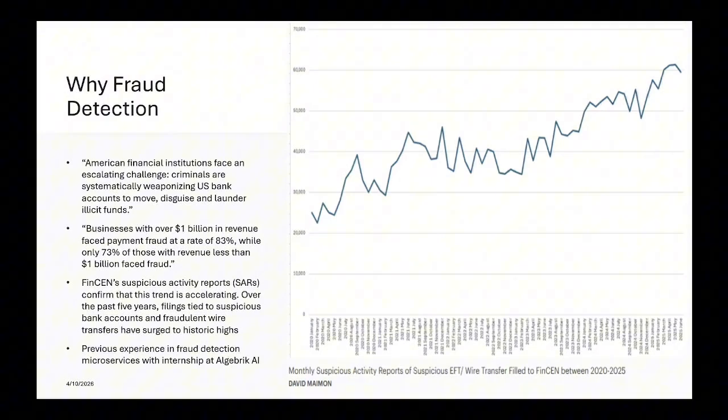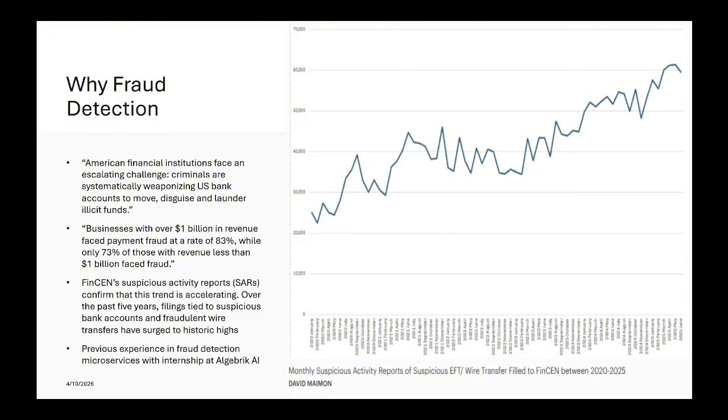What happens if someone gains access to my bank account? What happens if my bank account gets drained and I have no idea why? These are the type of things that I feel credit unions and banks always try to help reduce, because fraud is bad and we don't like fraud.